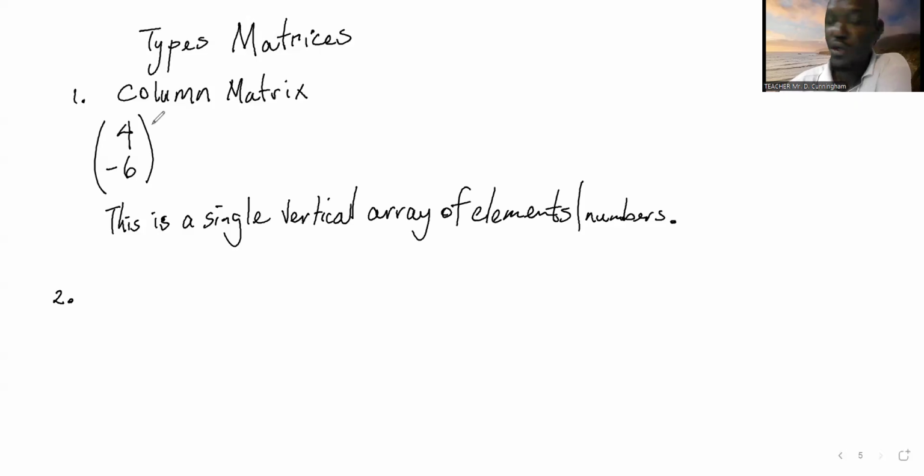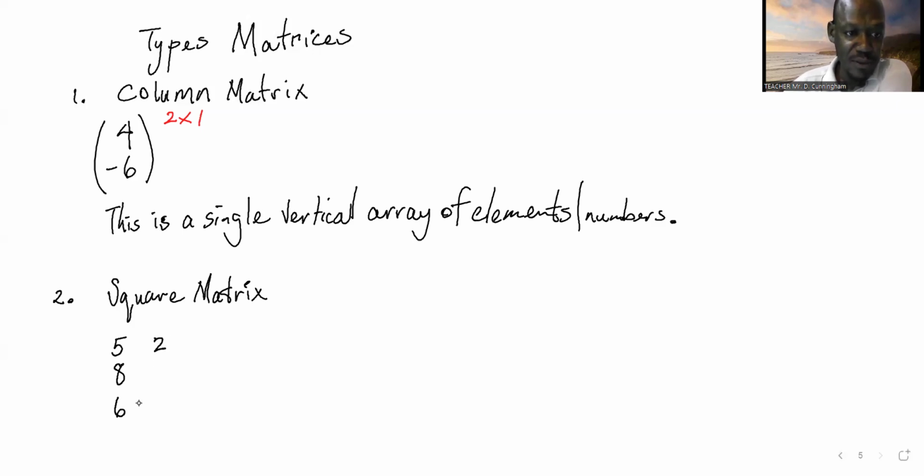Tell me what is the order of the column matrix here? 2 by 1. 2 by 1. 2 rows, 1 column. Now, let me not give you this hard one. Let's start easy.